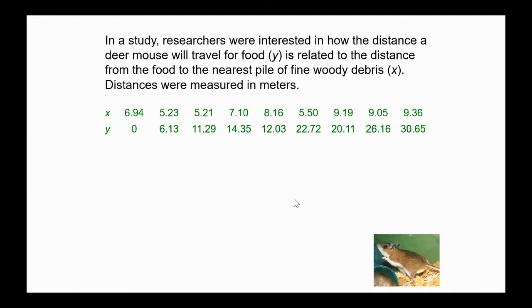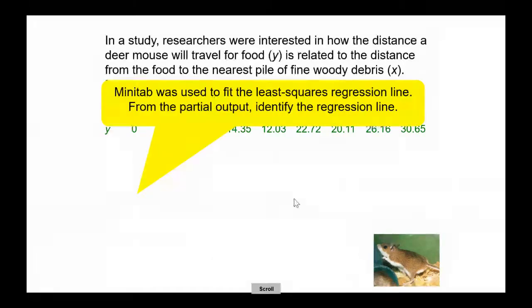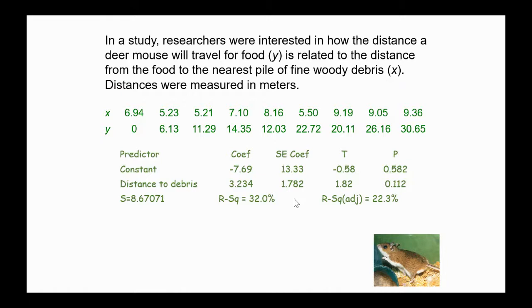Distances were measured in meters, and Minitab was used to fit the least squares regression line. And they give us the partial output. We're going to see this now, and also at the end.